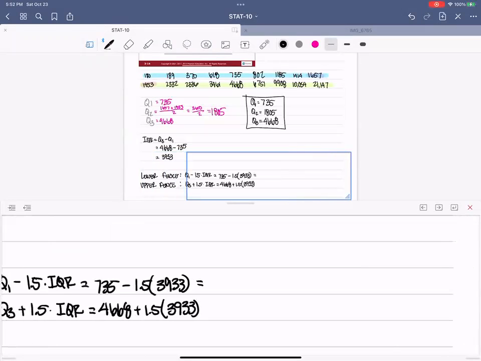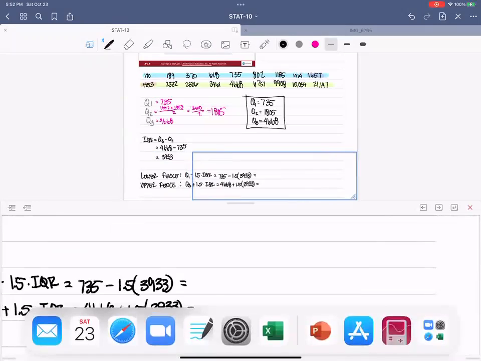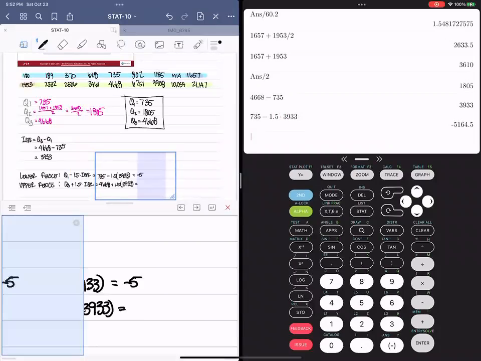And now we're going to compute these two values. All right, so this first value, 735 minus 1.5 times 3933, and that gives us a negative 5164.5.